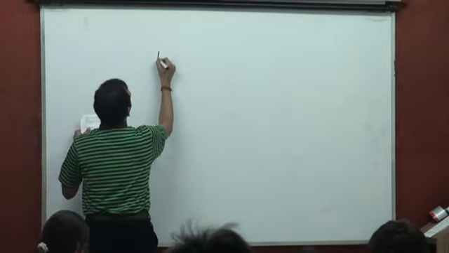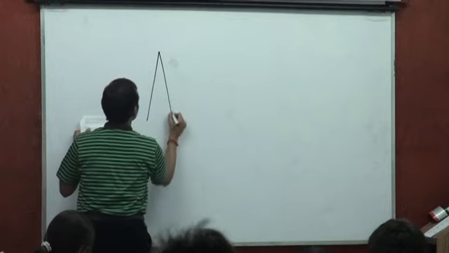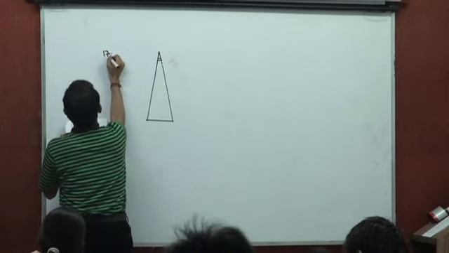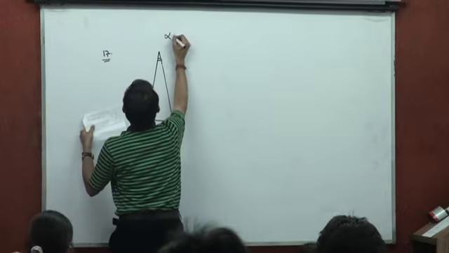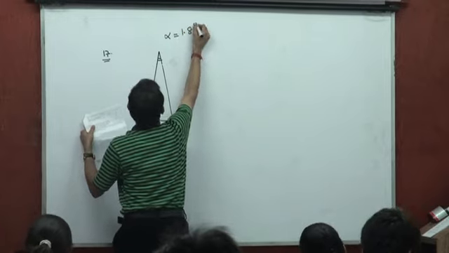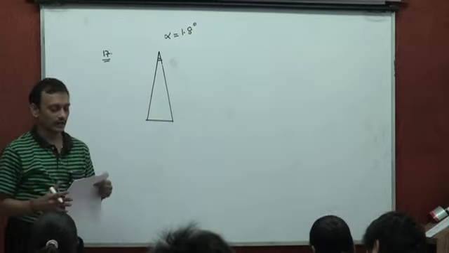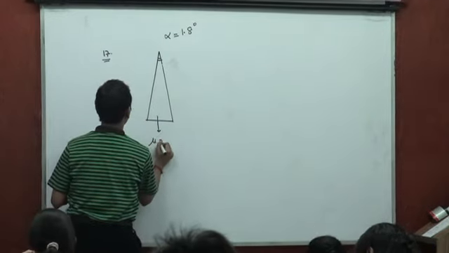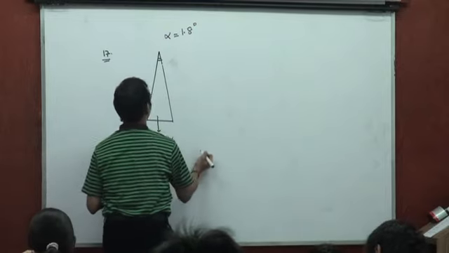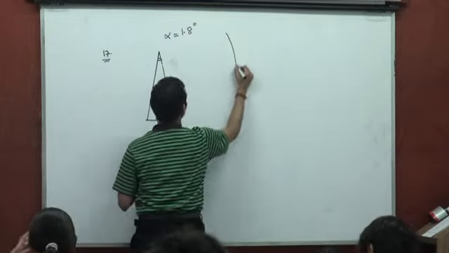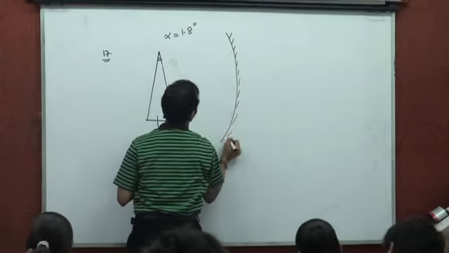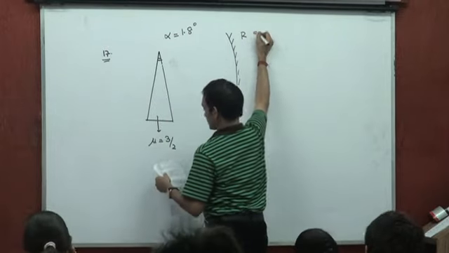So we have a prism. Problem 17, we have a prism whose angle alpha is 1.8 degrees. Mu is 3 by 2. There is a concave mirror, radius 20 centimeters.